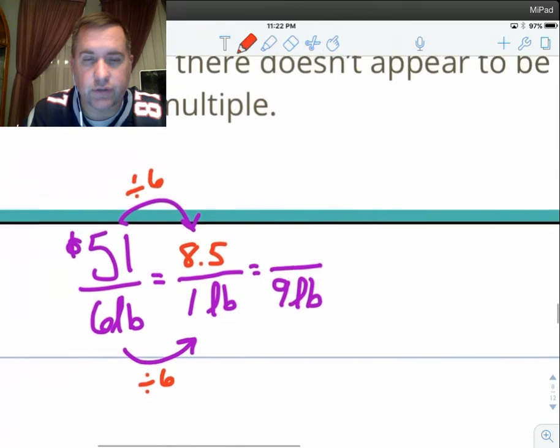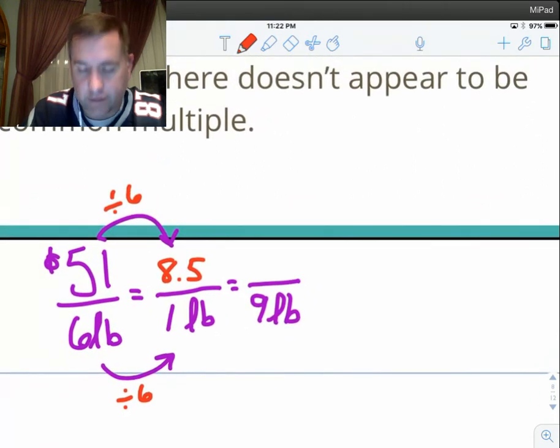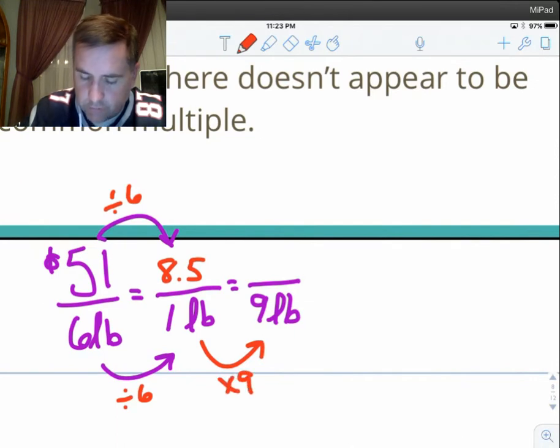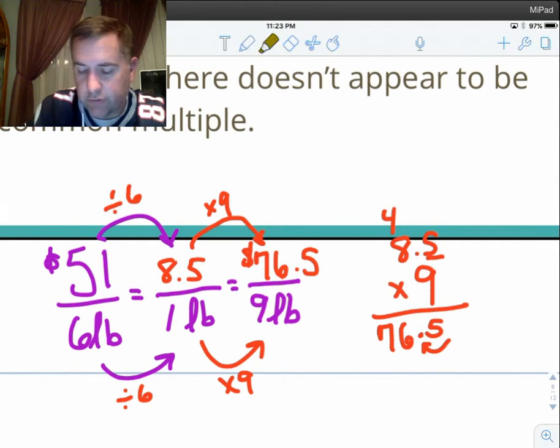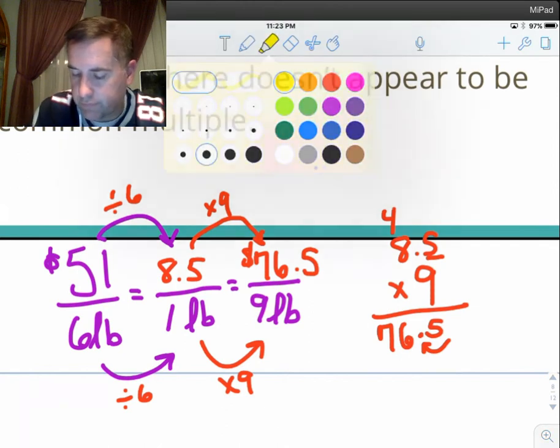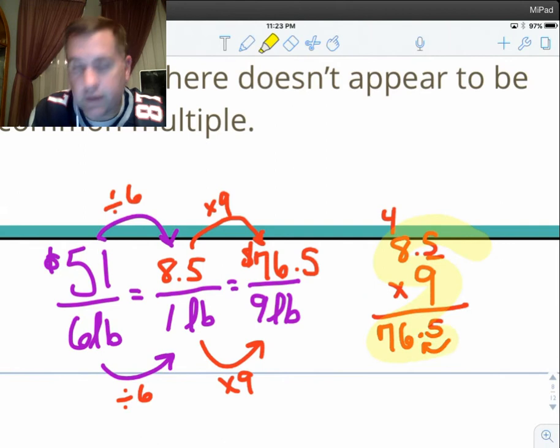Now the question asks, how much is it for 9 pounds? Well, 1 times 9 is 9. If I multiply the bottom times 9, I need to multiply the top times 9 to get my answer. So I multiplied my decimals as if they were whole numbers, and I get 76.5.